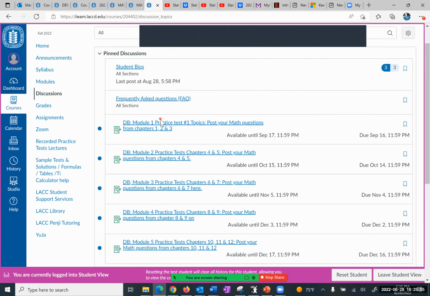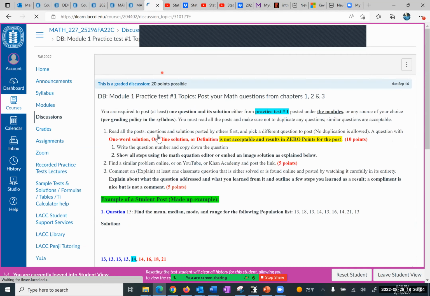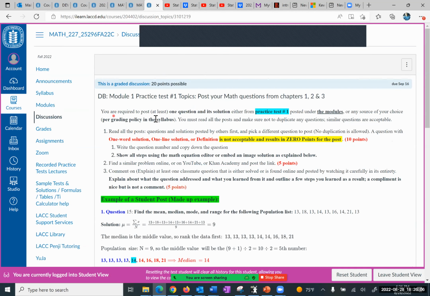Now, we have 1, 2, 3, 4, 5. These are the discussion forums that are graded, and each one is worth 20 points. So I'm going to look at one of them as an example. It says, you are required to post at least 1 question and its solution, either from practice test number 1, posted under the modules, or any source of your choice. So we want 1 question that pertains to the first exam module.